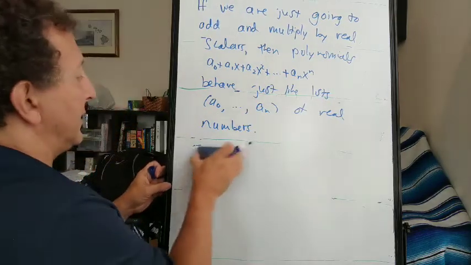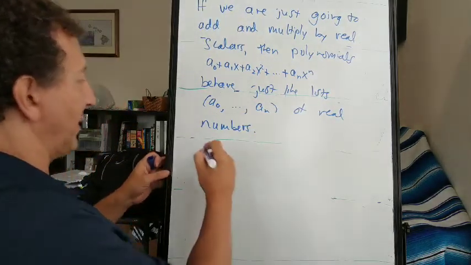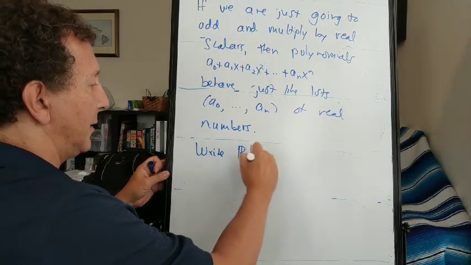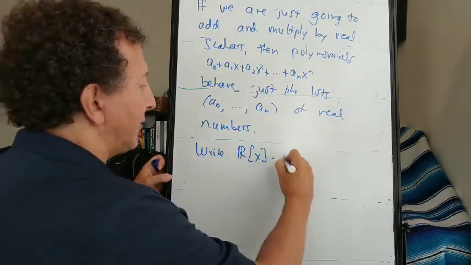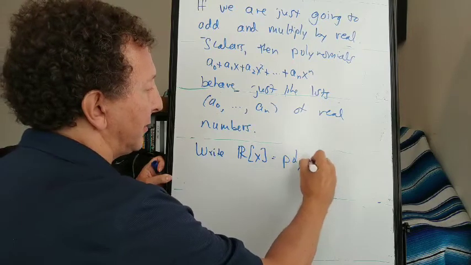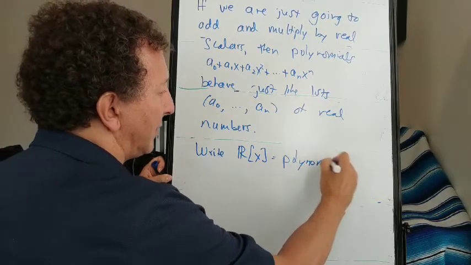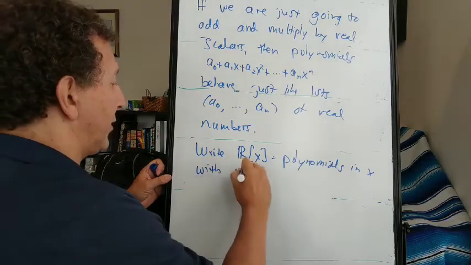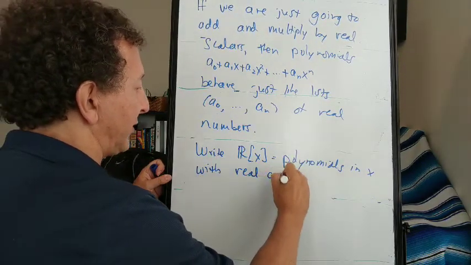So let me introduce notation for the polynomials. We'll write R bracket x for polynomials in x with real coefficients.